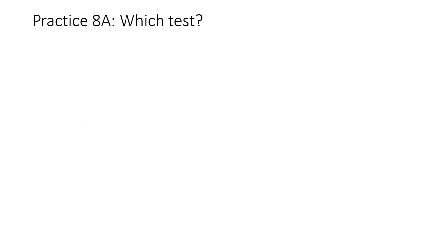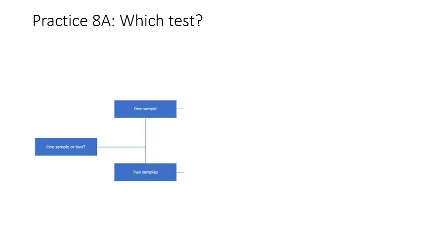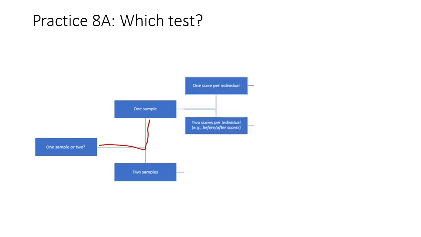So first, decide, is there one sample or two, one group of individuals or two separate groups of individuals? And if it's one sample, one group of individuals, follow this upward trajectory. In this case, you will next ask yourself, is there one score per individual? Or does each individual have two scores, like a before and an after score?